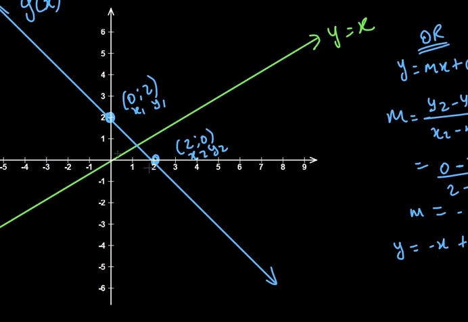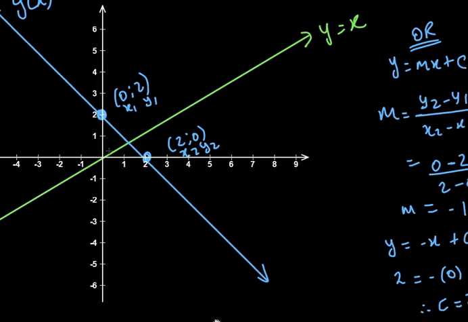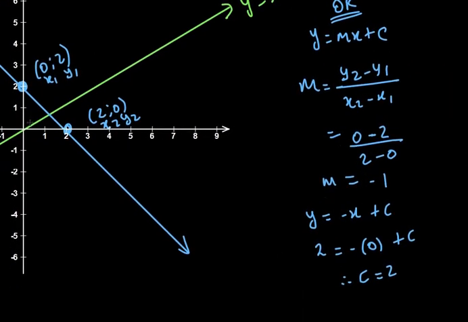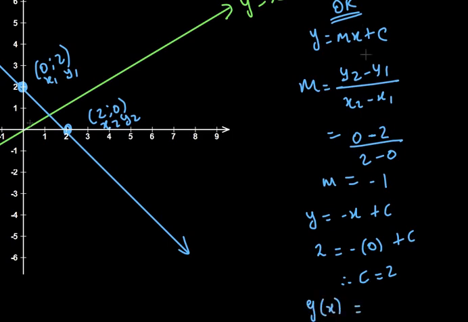Now to get c, I substitute any of the points. I'm going to choose 0 and 2. So y is 2 there, and x is 0. From there I know that my c is equal to 2. So for the original, g of x is equal to negative x plus 2.